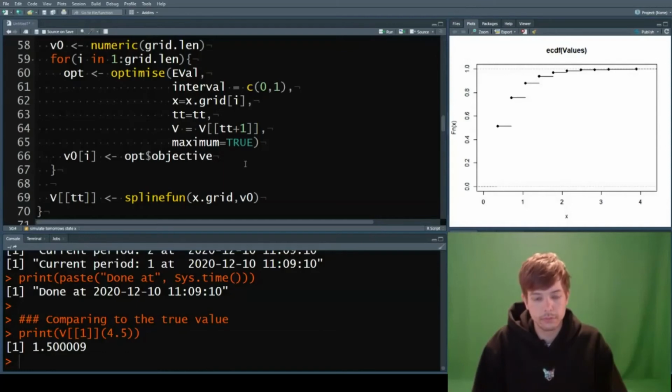All the things that we did by hand and plugged back in are just done in these 5 or 6 lines of code, or 10 lines of code, where you have at the end of the day the new value function. So this is, I think, a nice way to see where those two approaches meet. The difference here is obviously that it's much more efficient to just let the computer do those calculations.